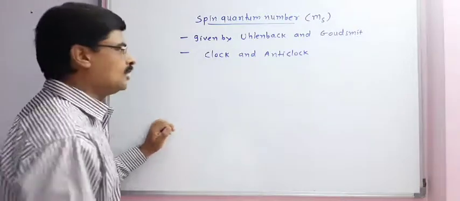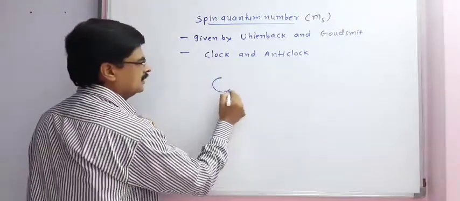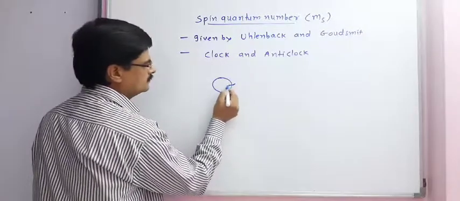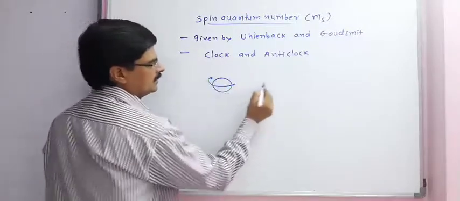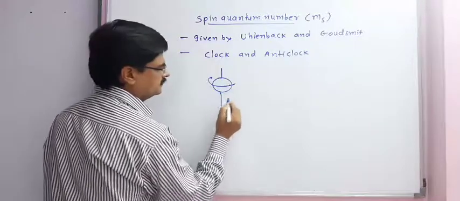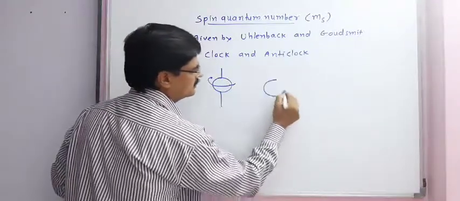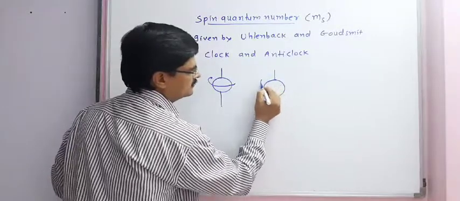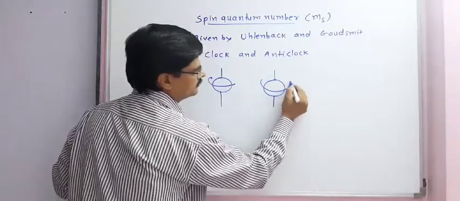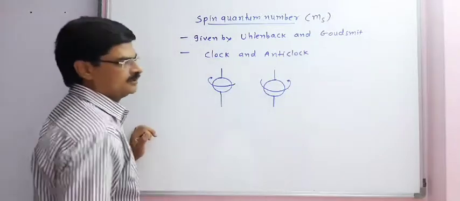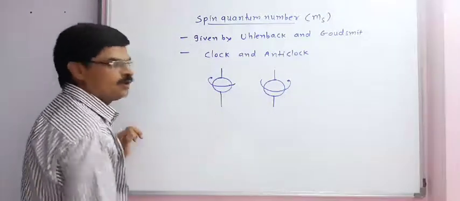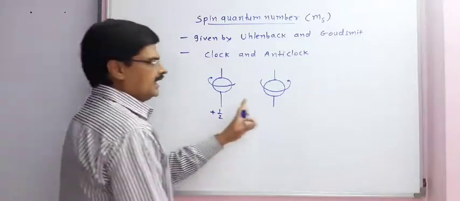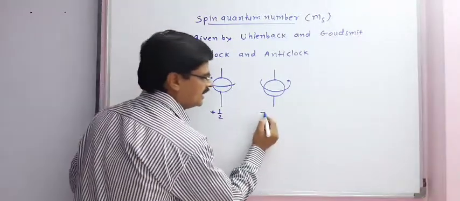So we can draw clockwise rotation this way and another, anti-clockwise rotation, this way. So if clockwise, generally it is designated as +1/2, and if it is anti-clockwise, then it is designated as -1/2.